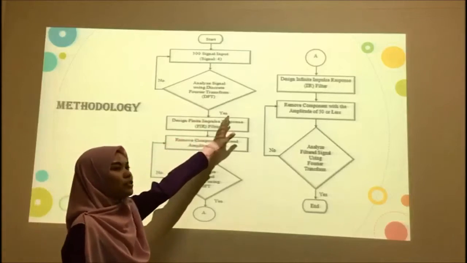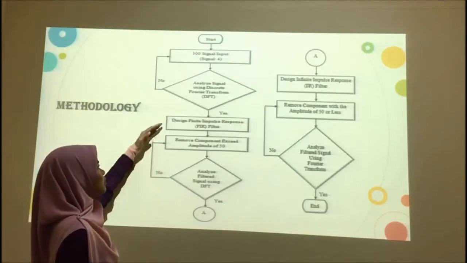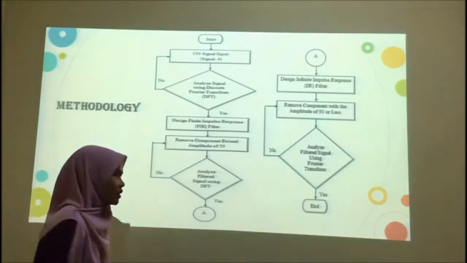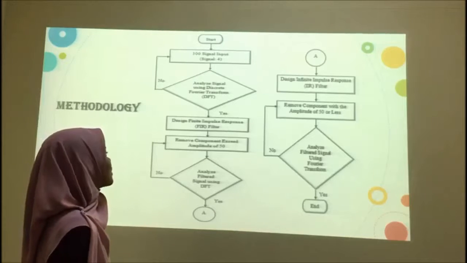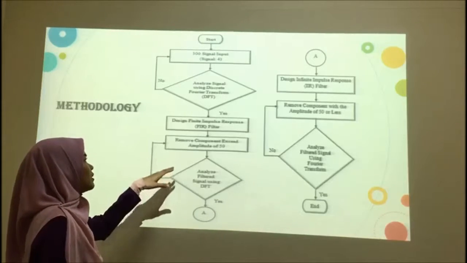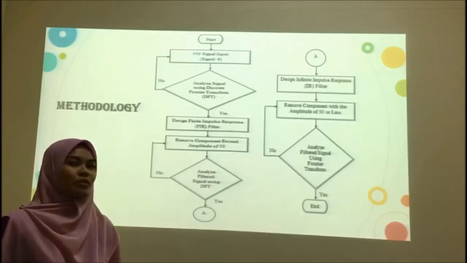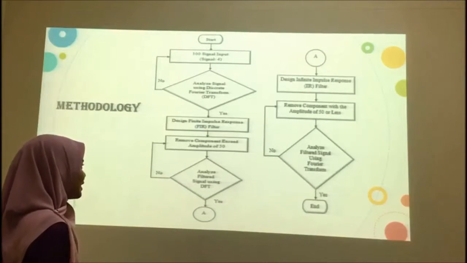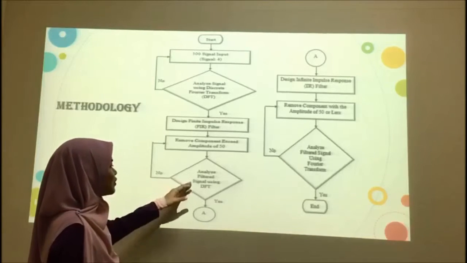If we get the magnitude and the phase that we need, we can proceed to the second question, which is to design a finite impulse response filter and remove the component with an amplitude of 50. Then we need to analyze the filtered signal using the DFT.